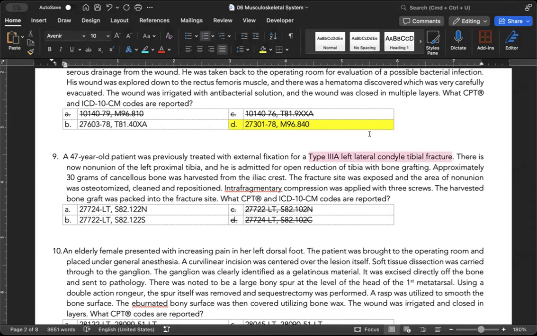Now we need to look at our 7th characters and decide, should it be N or should it be S? Based on the information that we have, is this going to be a subsequent encounter or a sequela?